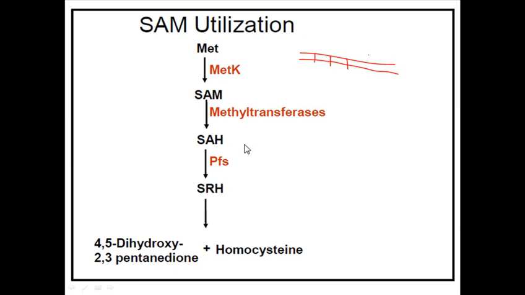For example, this is the mtn gene, and then we have this PFS gene, and we have the methyl transferase gene, and the methionine activating or degrading gene. All these genes are there to utilize this whole pathway.